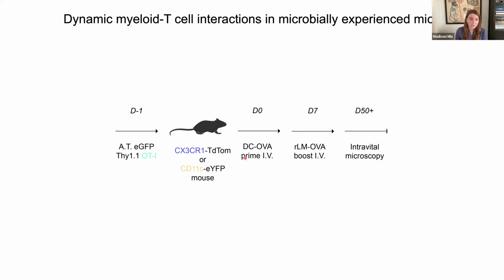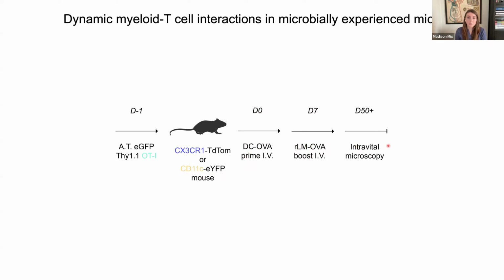We then performed a dendritic cell prime with cells pulsed with ova, followed 7 days later by the fourth infection in the specific pathogen experience lineup, a recombinant, attenuated Listeria monocytogenes that also expresses ova, and we boosted those mice.